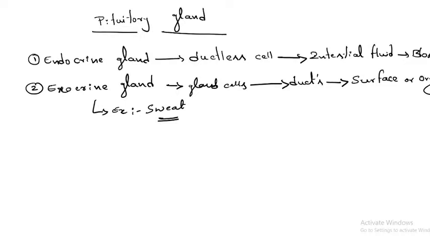Now let's come to the endocrine gland. The pituitary gland is an example of an endocrine gland.